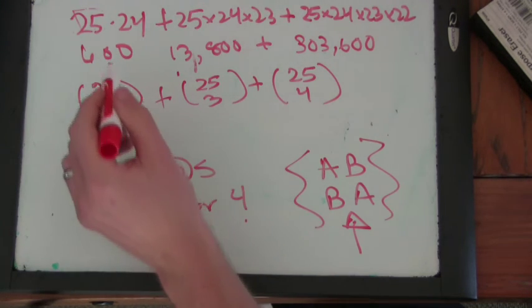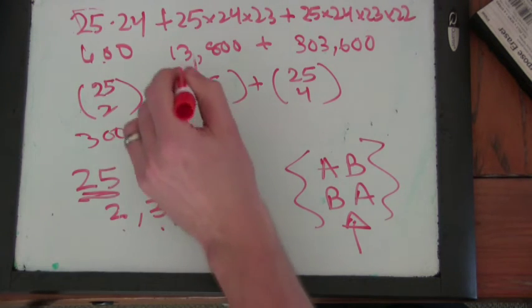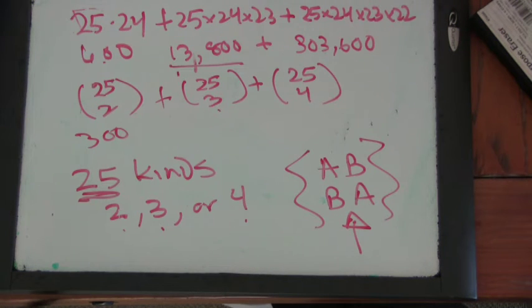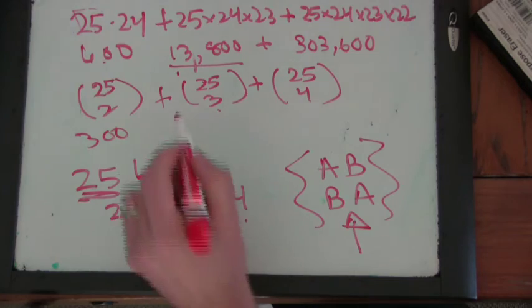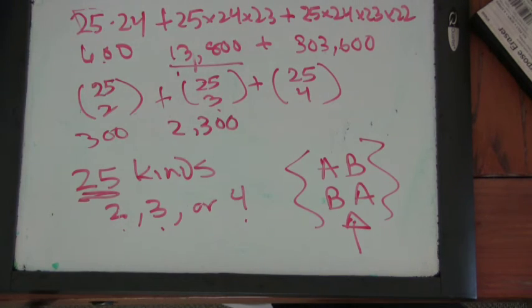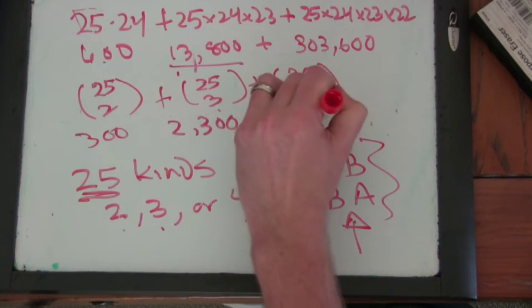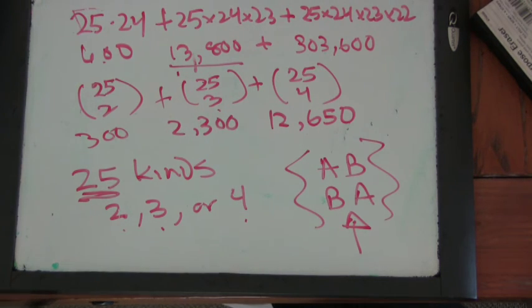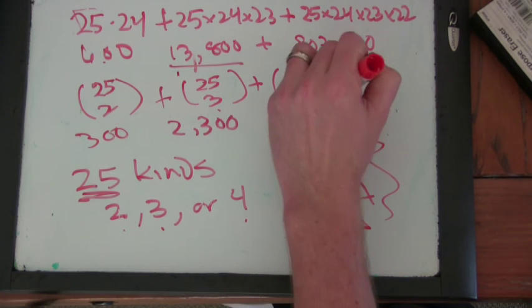Actually, we can just use these numbers. 25 choose 3 is 13,800 divided by 6, that's 2,300. And 25 choose 4 would be 303,600 divided by 24, which is 12,650. So 300 plus 2,300 plus 12,650 is 15,250.